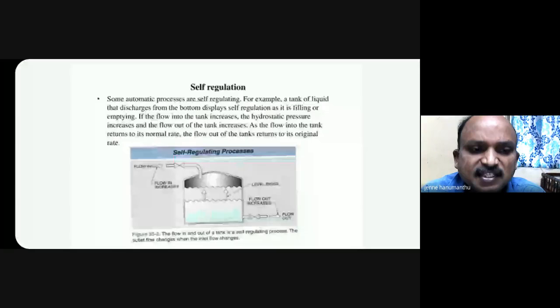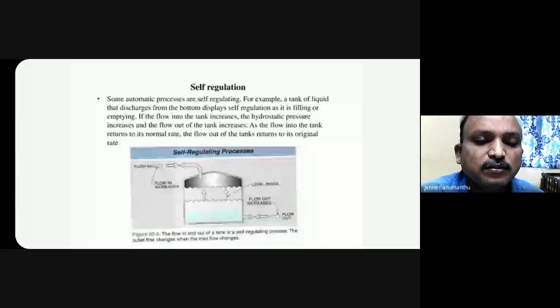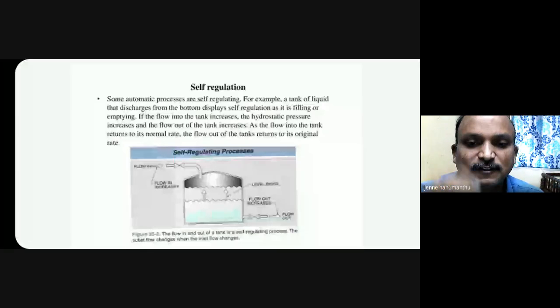If I decrease the input flow rate and increase the output flow rate, the water level simply decreases. నేను పంపించే వాటర్ ఎక్కువ ఉండి, బయటకు పోయే వాటర్ తక్కువ ఉంటే, ట్యాంక్‌లో వాటర్ పెరుగుతాయి. అలా కాకుండా నేను పంపించే వాటర్ తక్కువ ఉండి, బయటకు పోయే వాటర్ ఎక్కువ ఉంటే, లెవెల్ తగ్గిపోతుంది కదా.